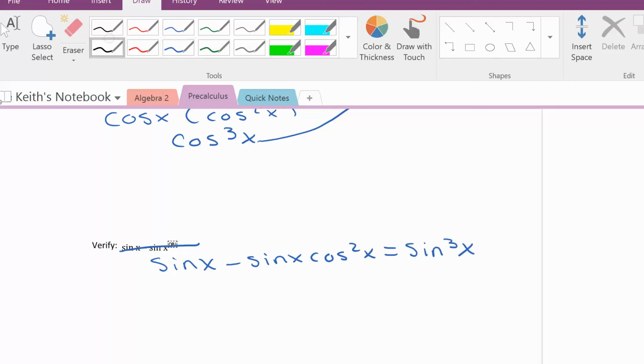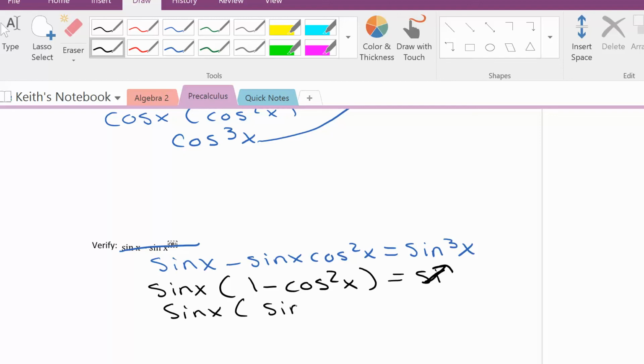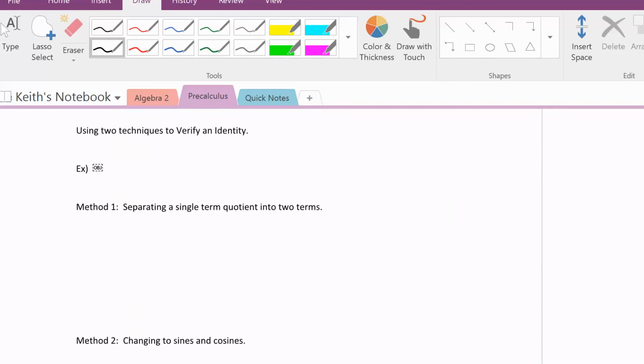Okay, so using the same thing here, notice both of these have a sine, so we factor out the sine x and we get 1 minus cosine squared equals sine to the third, right? 1 minus cosine squared is sine squared. And then sine squared times sine gives you sine to the third. And we verified the identity.